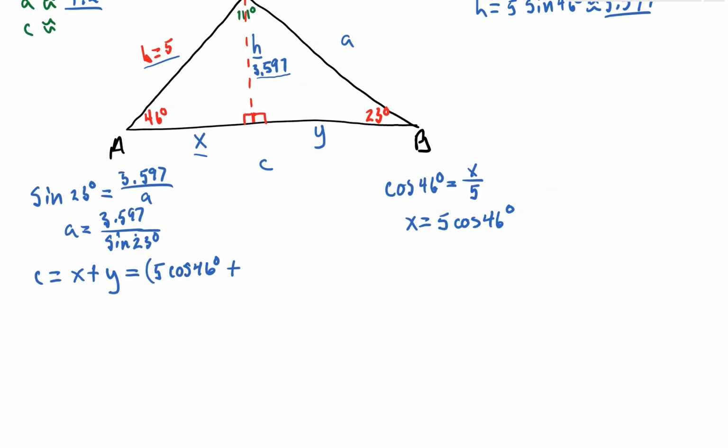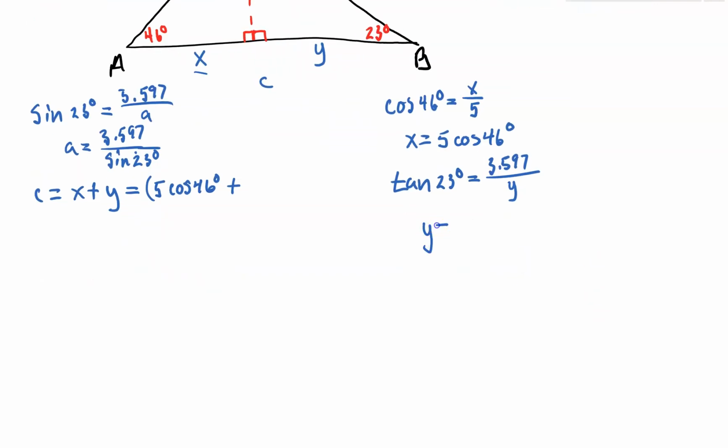For the y value here, I don't have a choice of a whole number here. So I'm going to use the value of the height. So I'm going to be using the side opposite, the side adjacent. That is tangent. So tangent of 23 degrees is equal to the side opposite, 3.597, over the side adjacent, which is the y, which means y is going to equal 3.597, and I'm going to divide that by tangent of 23 degrees.